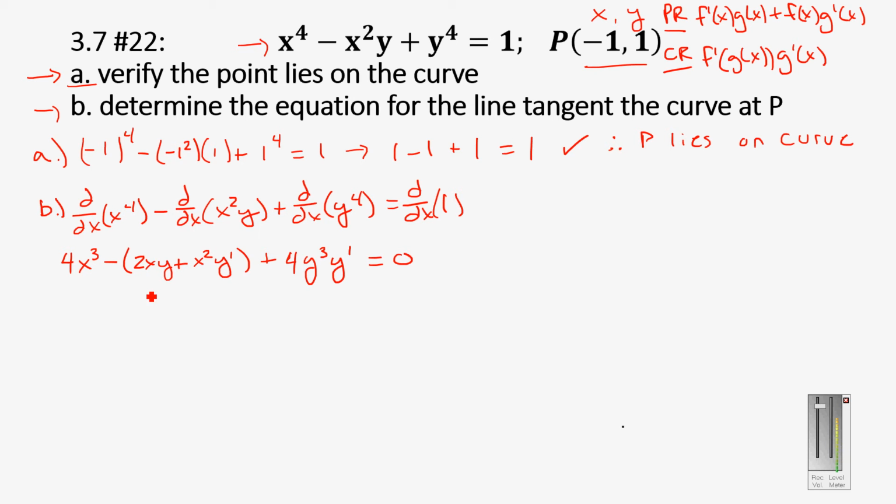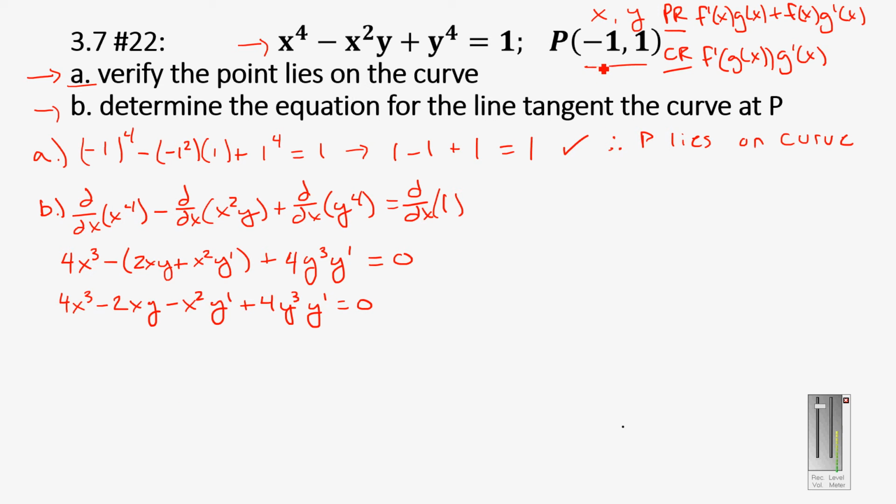Actually, the thing we can do now is, and it may or may not work here, but it would appear it might, it looks to me like I can probably plug in, and actually I'm going to distribute this negative sign in here. So this will be 4x cubed minus 2xy minus x squared y prime plus 4y cubed y prime equals 0.